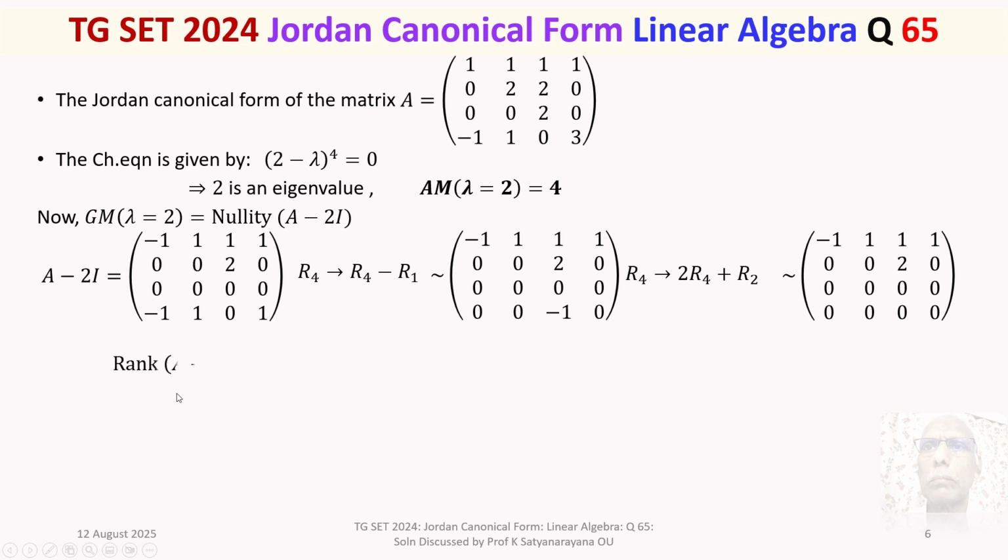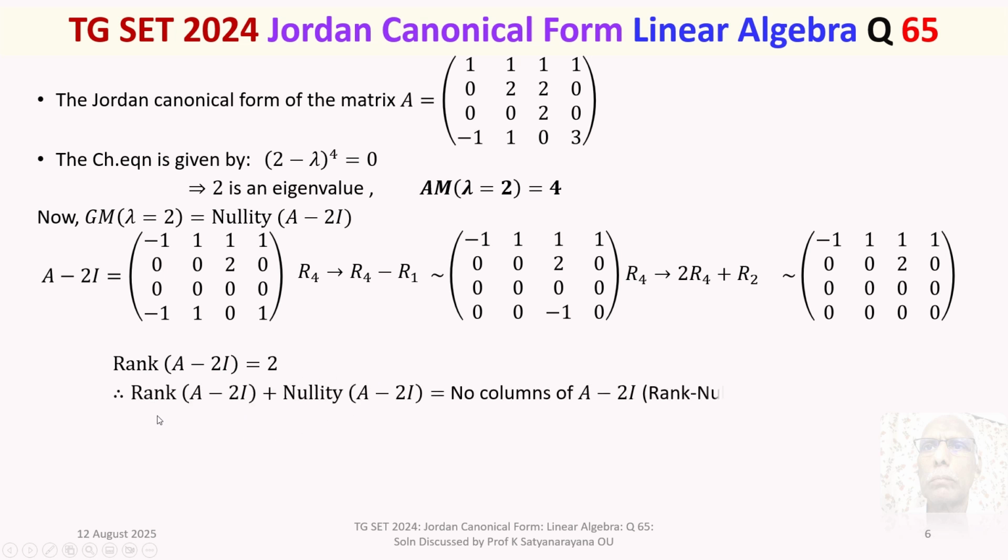So, the rank of A minus 2I, the number of non-zero rows in the row reduced echelon form, is 2. And now we apply the rank-nullity theorem for A minus 2I. Rank of A minus 2I plus nullity of A minus 2I is equal to the number of columns of A minus 2I. This is none other than the rank-nullity theorem.